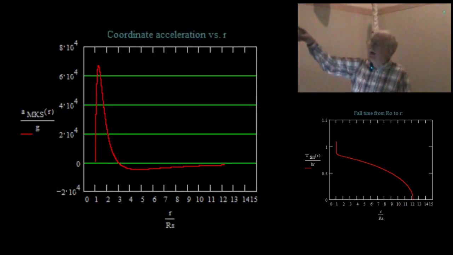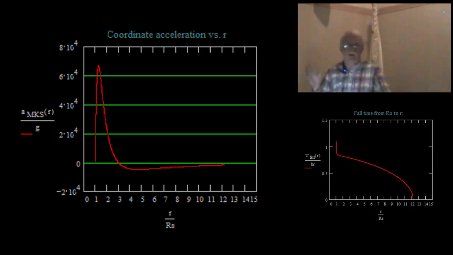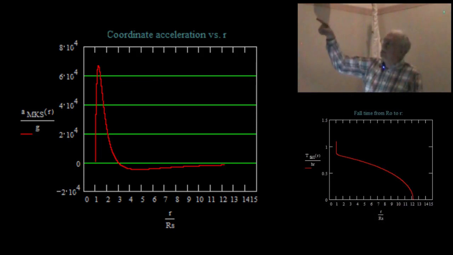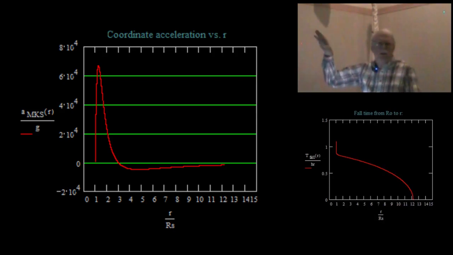The second graph here is the acceleration of the particle. It starts out on the right with a negative acceleration, and then the acceleration is reduced, crosses to positive acceleration, which slows it down because it was going in the negative direction. Then as it gets closer and closer, the acceleration also goes to zero right at the event horizon. So it's as though it's stuck on the surface of the event horizon.